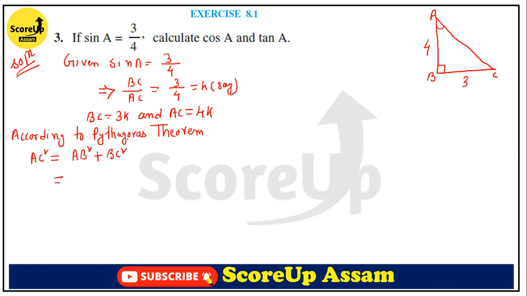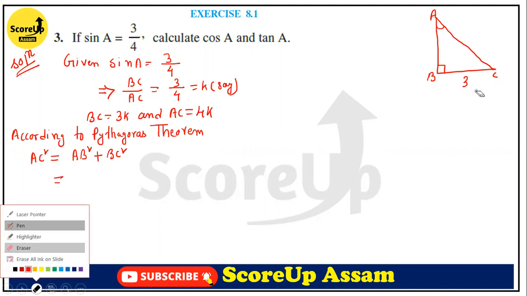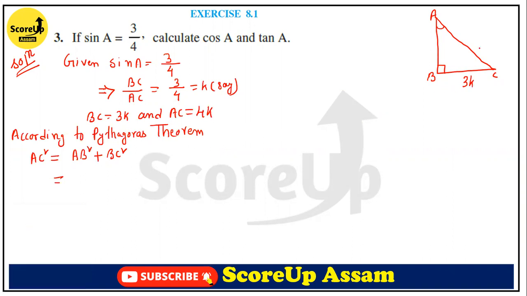Sorry, the value is BC by AC, that is the perpendicular by hypotenuse. So this AC will be 4K and BC is 3K. That means we need to find the value of AB, right?